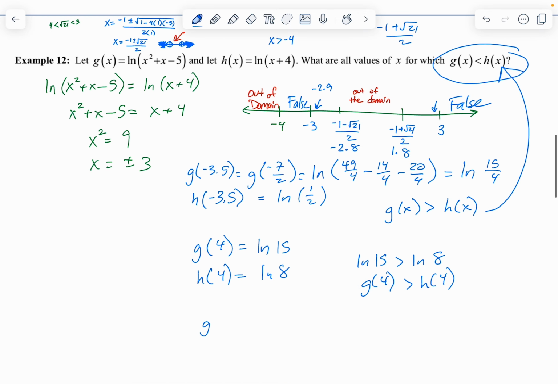G of 2 becomes 4 plus 2 is 6 minus 5 is 1, so the natural log of 1. H of 2 equals the natural log of 6. So H is greater than G, and this part right here is true. That was easy to find once we figured out what our decimal approximations were.